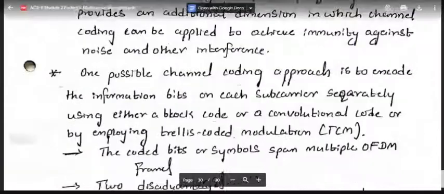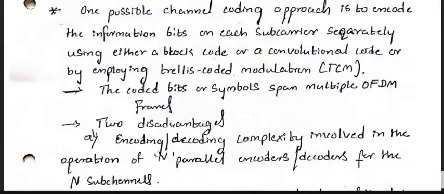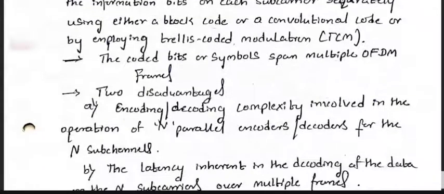Now there are certain disadvantages related to channel coding in multi-carrier modulation. One is an increase in complexity while encoding and decoding, because n parallel channels are involved at the transmitter side and at the receiver side also.